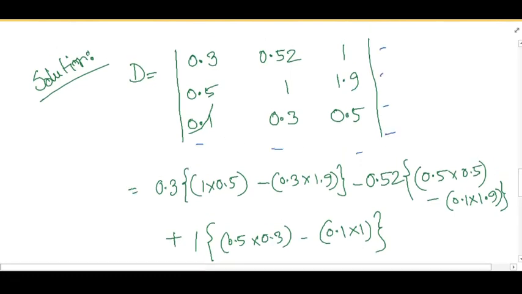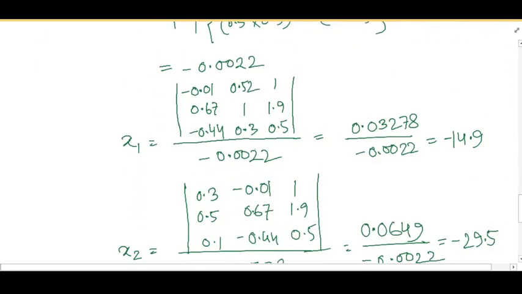You will have to solve the 4 by 4 matrix first using hand calculation. Then for 4 variables, x1, x2, x3, x4, for each of these variables you will have to solve a new 4 by 4 matrix. So you will have to solve 4 extra determinants using hand calculation, so it will be a very tough task for you.